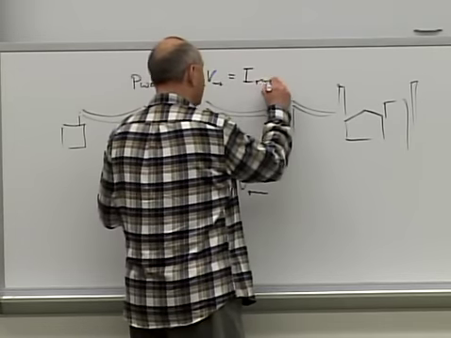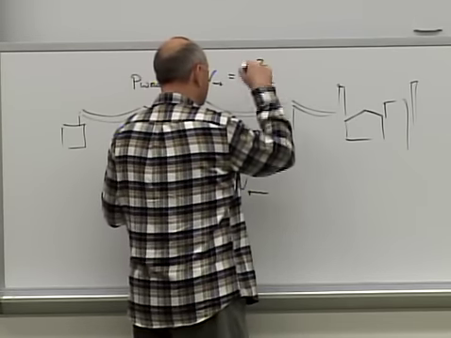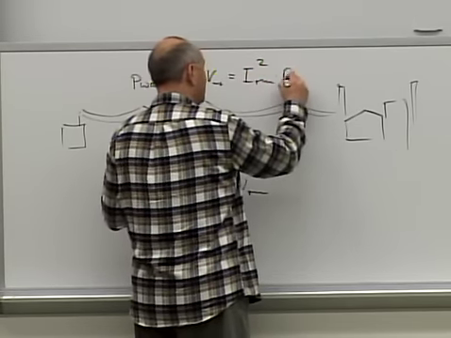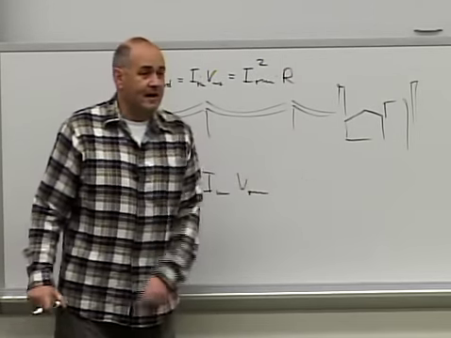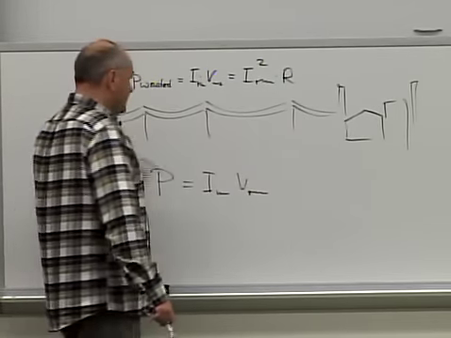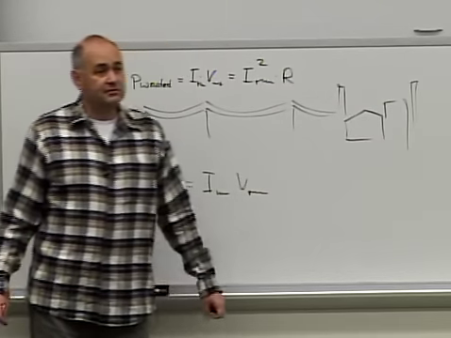So actually I can write down that this is the square of the root mean square current multiplied by the resistance of the wire, which is used to deliver power from the power station to the city.